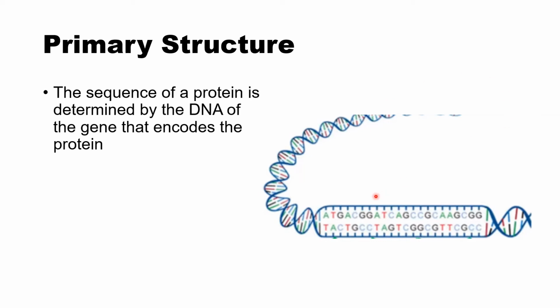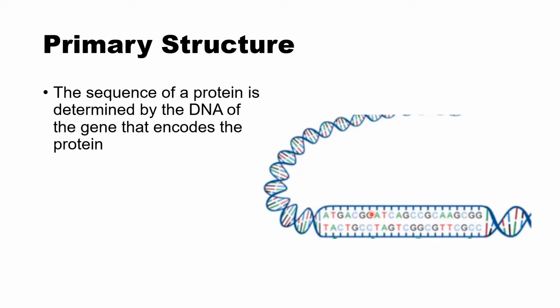For example, itong ATG, TAC, this sequence of codons na tinatawag na nandun sa DNA, they code for a specific protein. So with that, yung sequence ng protein is determined by this DNA kasi nandito yung code kung ano yung iproproduce na protein.